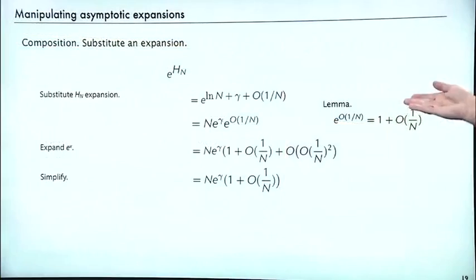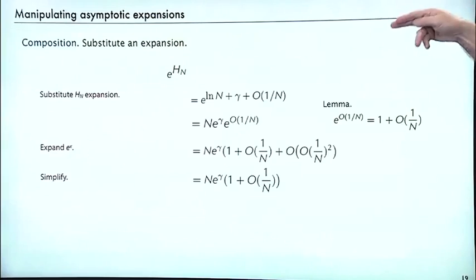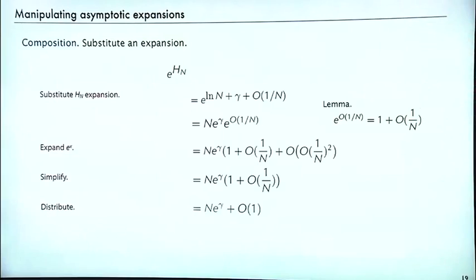That gives the simplification that e to the H_n is n e to the gamma to within 1 over n, or n e to the gamma plus O of 1. And again, n e to the gamma grows with n, while O of 1 is a constant, so there's a big change in precision. So that's going to be a very accurate approximation for large n.